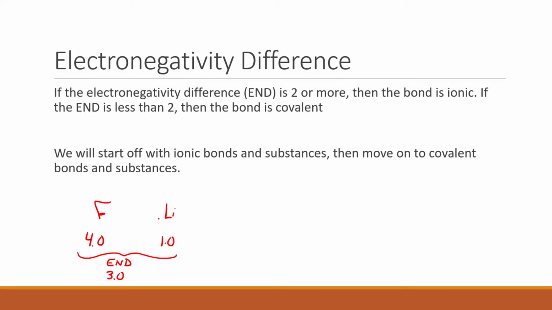Because electrons have been transferred from one to the other, that classifies this as an ionic bond. Whenever the difference in strength is greater than 2, that means it's strong enough for the stronger to just take from the weaker.